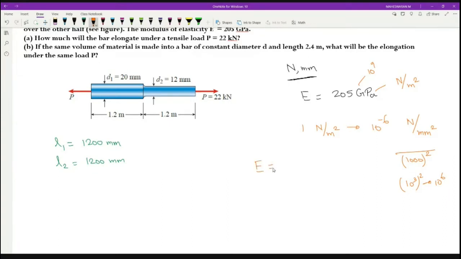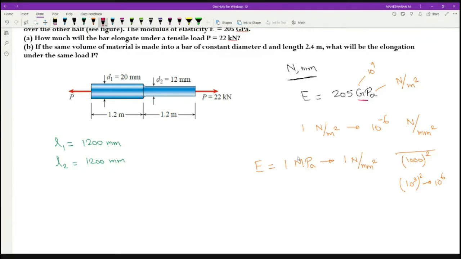Otherwise, I can say like this. If it is 1 megapascal, 1 MPa, that is equal to 1 Newton per mm square. The easiest way is to convert this gigapascal to megapascal so that you can easily solve it.